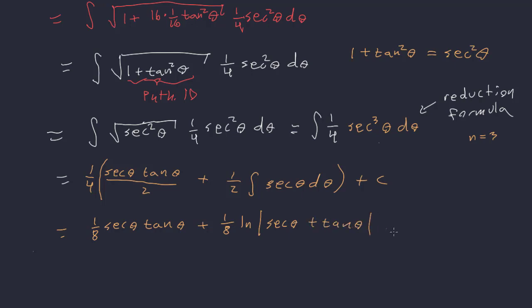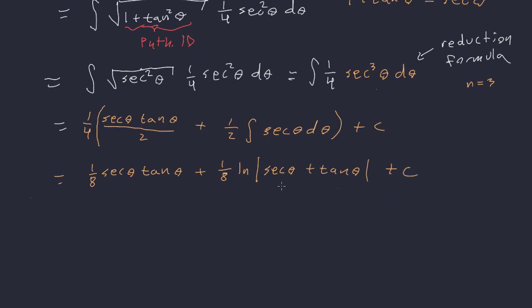Having that one down is really going to help with these trig substitutions. Again, I wouldn't give you, say, on a quiz, one where you'd have to know this reduction formula by heart, but knowing that the integral of secant theta is ln of secant theta plus tangent theta quickly is going to save us a lot of time.